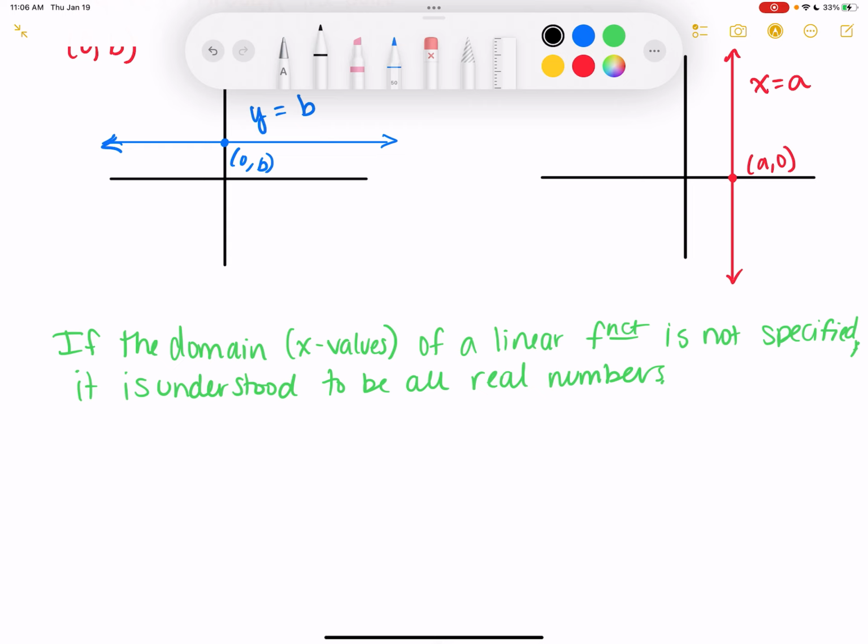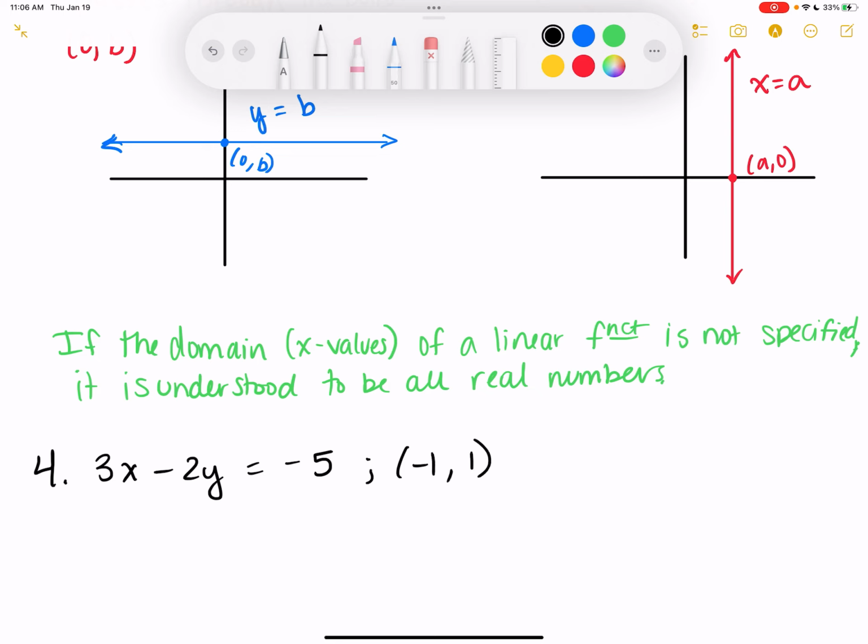All right, so on to some examples. Tell whether the ordered pair is the solution of the equation. These ones give you an equation, in this case 3x - 2y = -5, and then they give you an ordered pair, in this case (-1, 1).